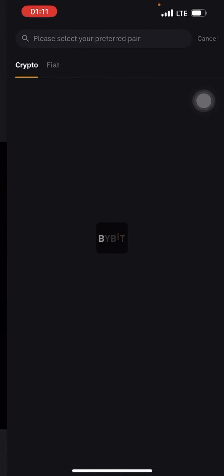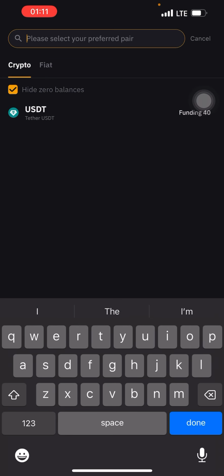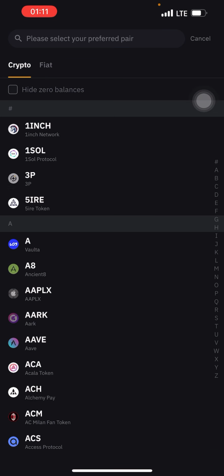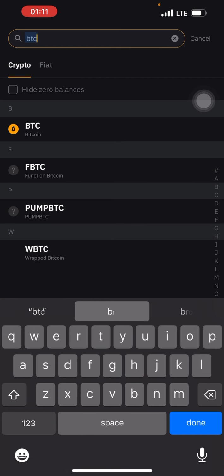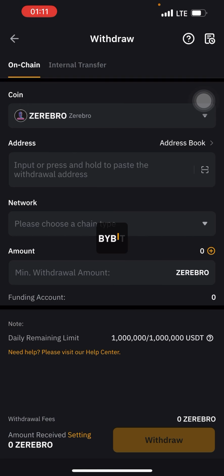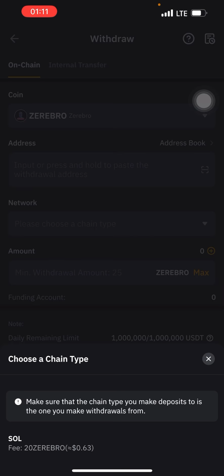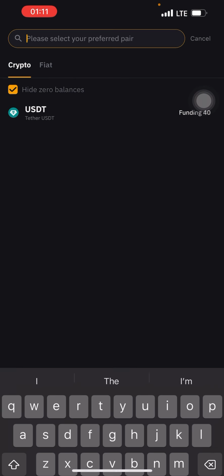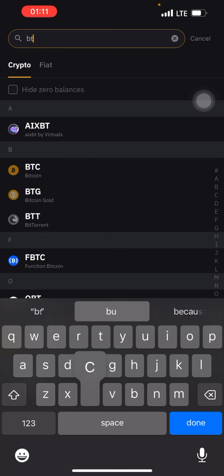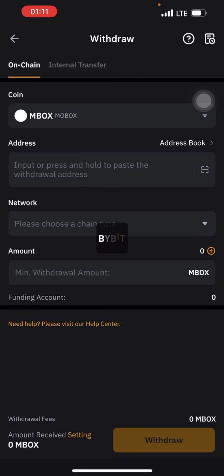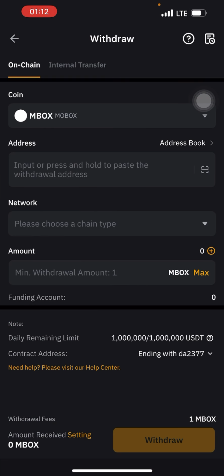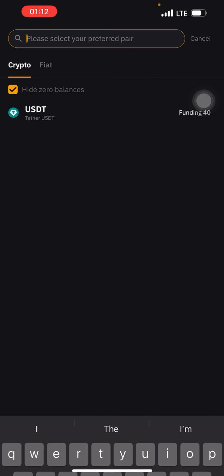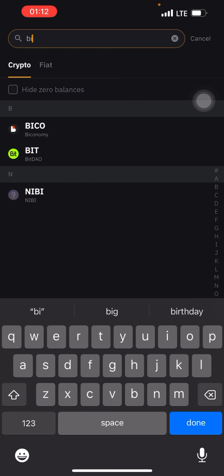So I'll go to my assets here and I'll try to withdraw to see that. I'll enter BTC. Let me see the address of the BTC.